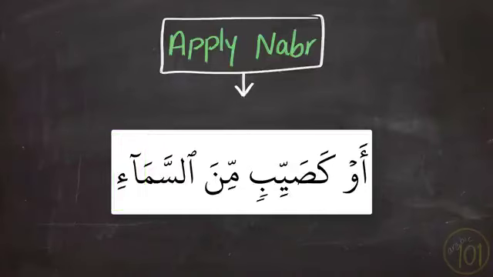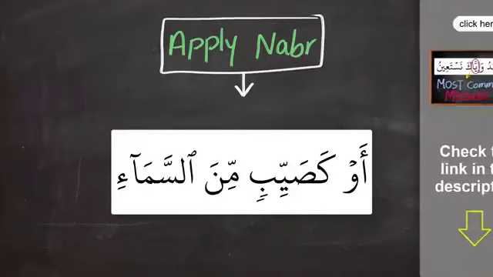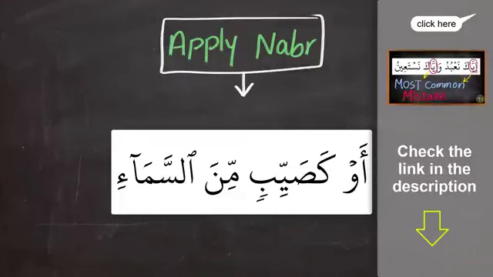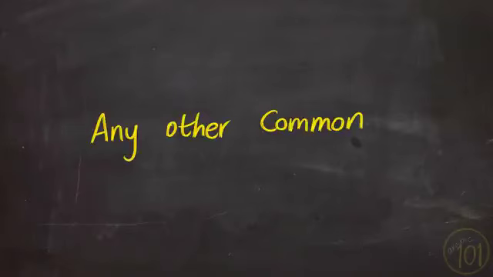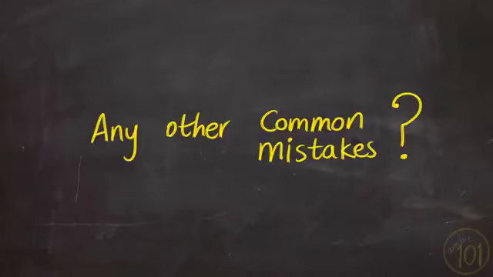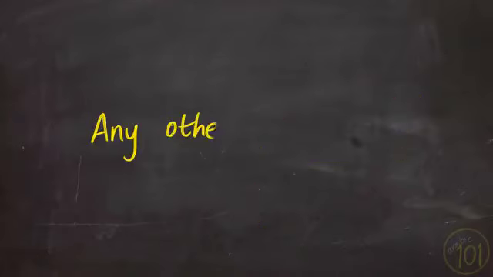This concept was also extensively explained with many more examples in this lesson. So if you recognize any of these problems in your recitations, I highly recommend watching this lesson. Finally, if you've heard any other mistakes related to the hamza and you haven't seen them explained or highlighted in this lesson, then you can let me know about them in the comments below.